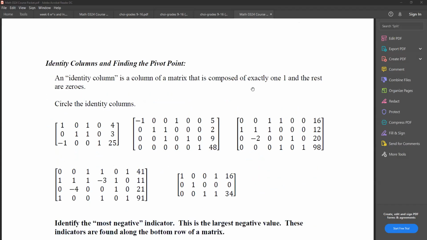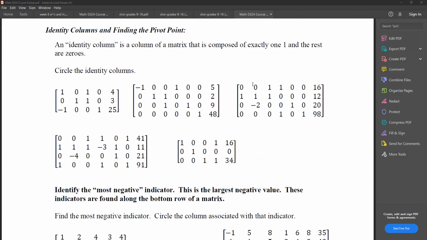All right, so let's talk about reading these matrices. When you simplify an augmented matrix so that whatever you want is maximized, an identity column is a column that has exactly one 1 and the rest are zeros. So I'm looking for basically ones across the diagonals. No, sorry, she's just saying identity column, not matrix.